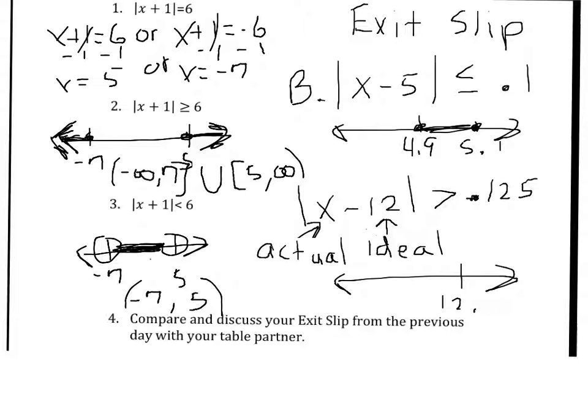And the other one, 12 minus 0.125, is going to be 11.875. So anything outside of that, it's going to be open circles because there is no equal sign on those boundary points. And then anything outside of that, we're going to have to recycle for car parts.